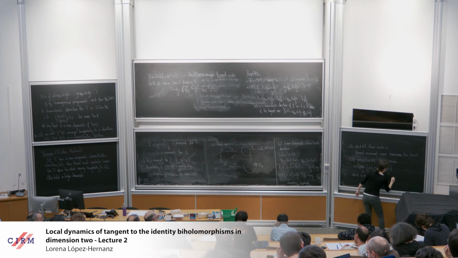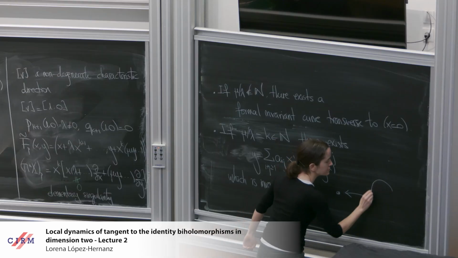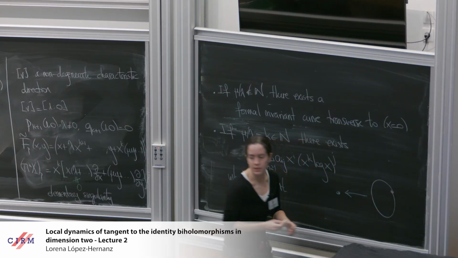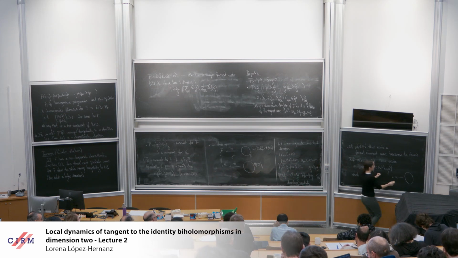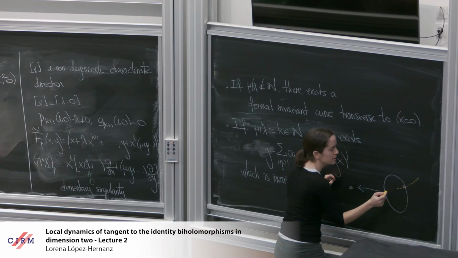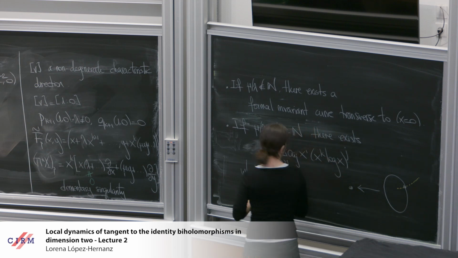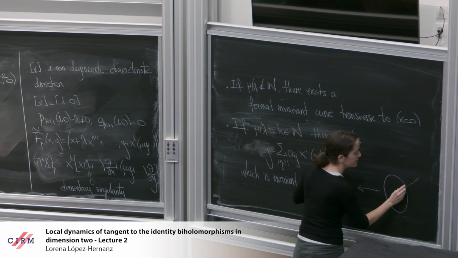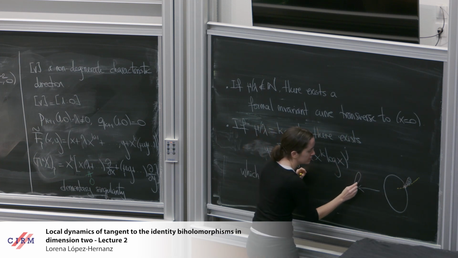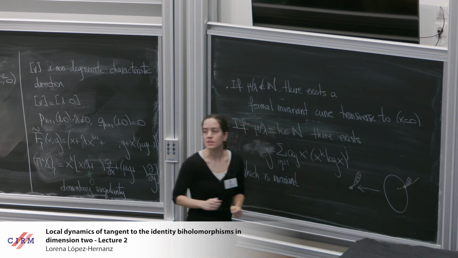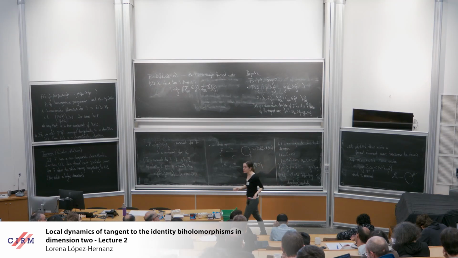We make a blow up, we find here this formal invariant curve or formal invariant generalized curve, and we find these analytic realizations in sectors that can be blown down to these parabolic curves for the original map.